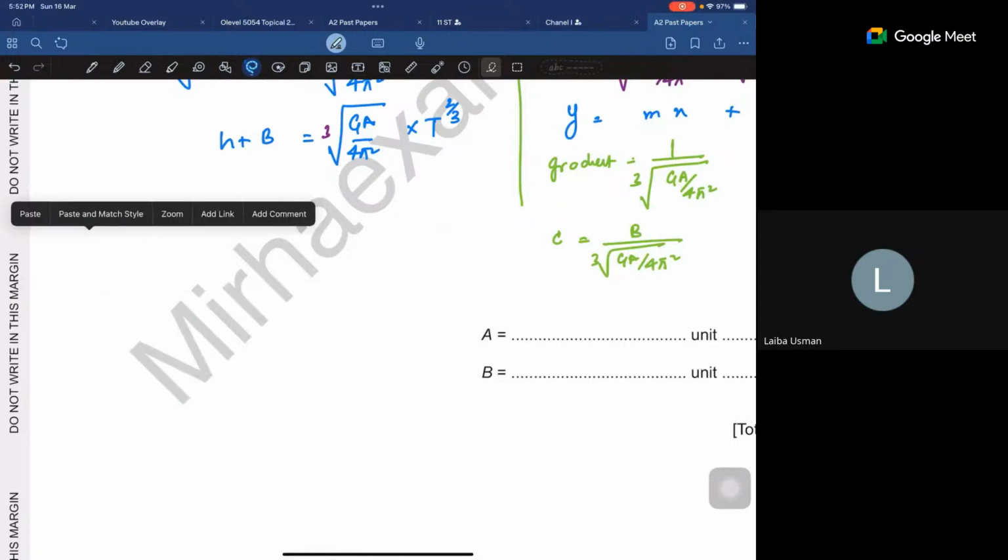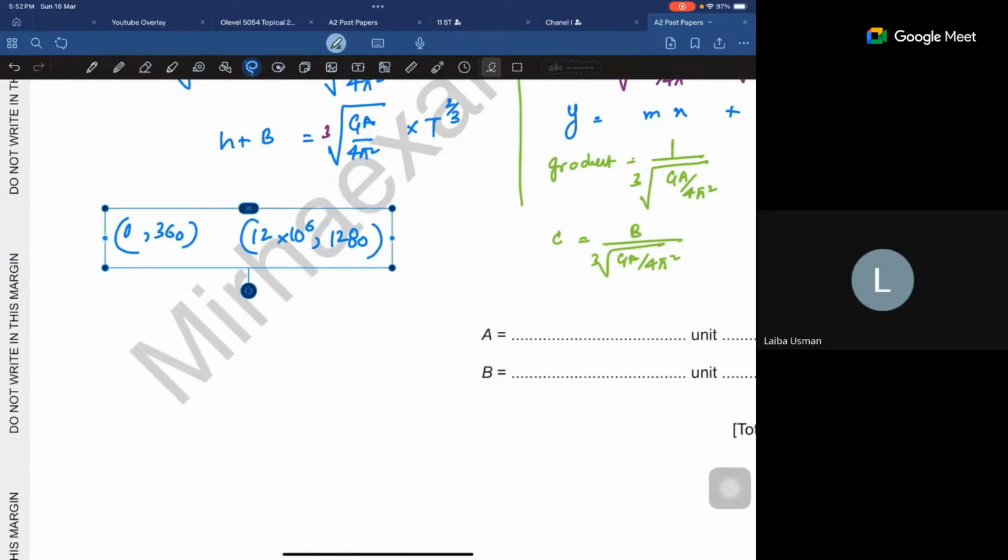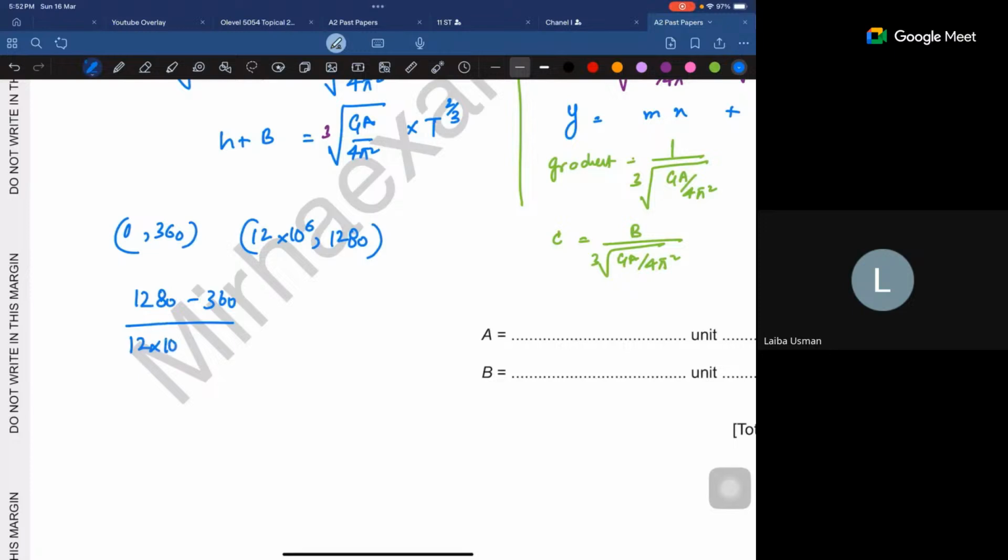So then what you're going to do is find the gradient. Gradient will be (1280 minus 360) divided by (12 into 10^6 minus 0).